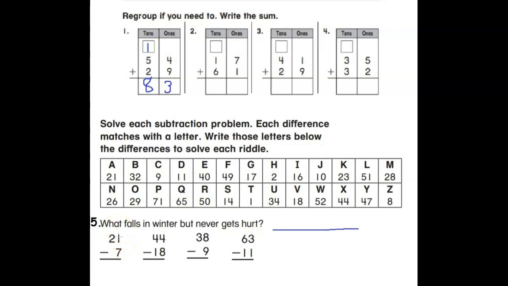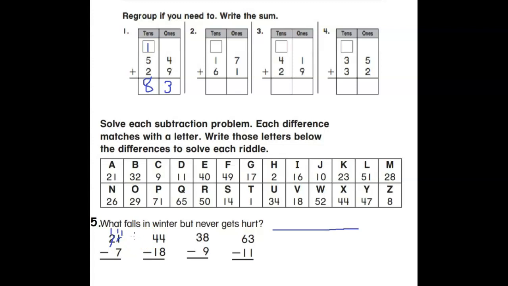If I have 1, how will I take 7 away from it? What do I have to do? I'm going to have to break one of the 10s. So now I only have 1 10 left, and I have my 1 there, so now I have 11. Now I can take 7 away from 11.